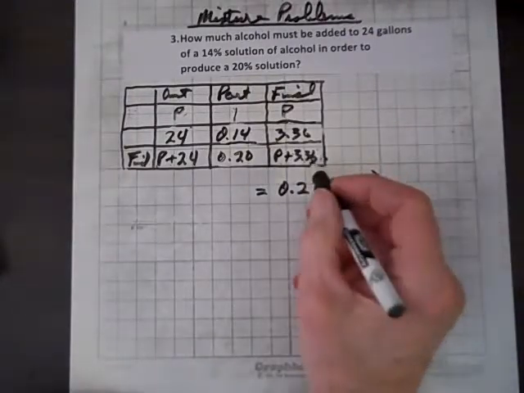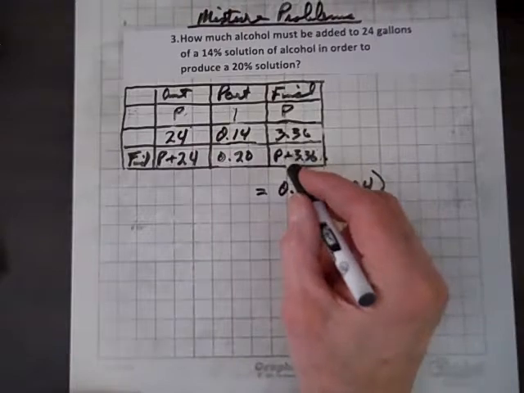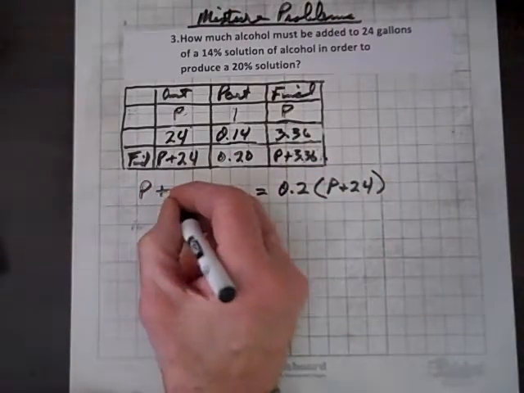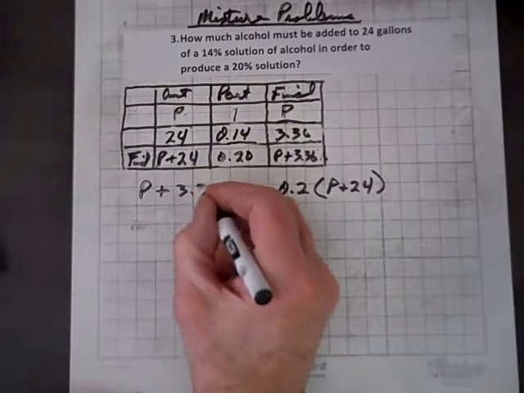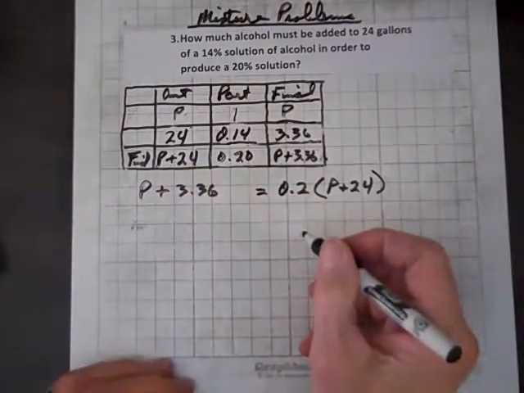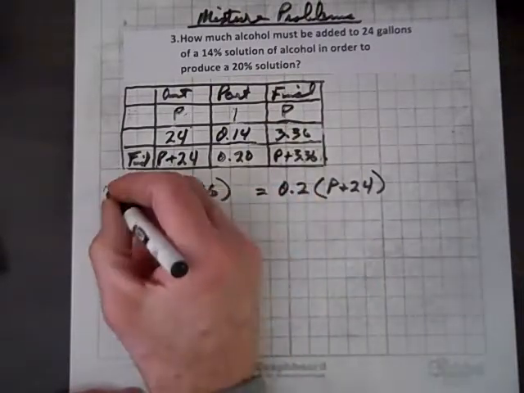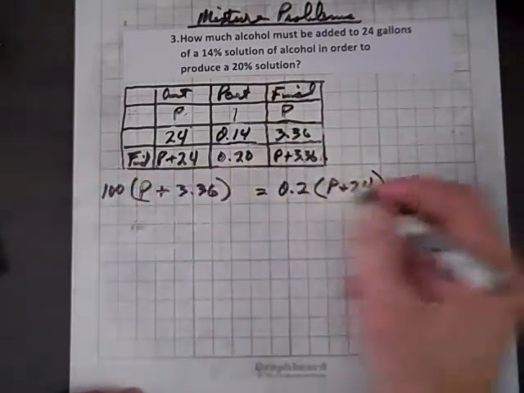And how much alcohol is there? Well, there's going to be P plus 3.36. Now let's get rid of these decimals, and we'll do that by multiplying both sides by 100.